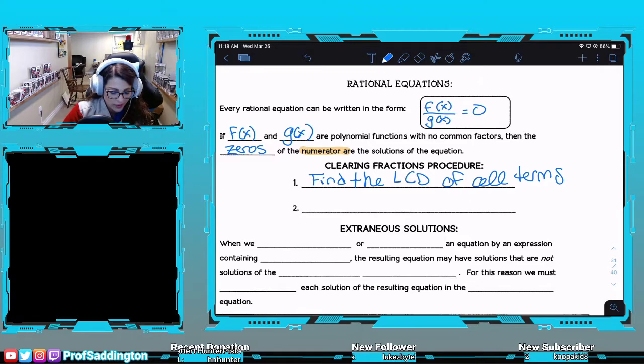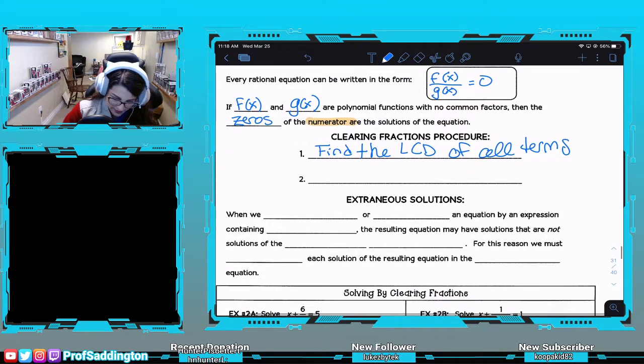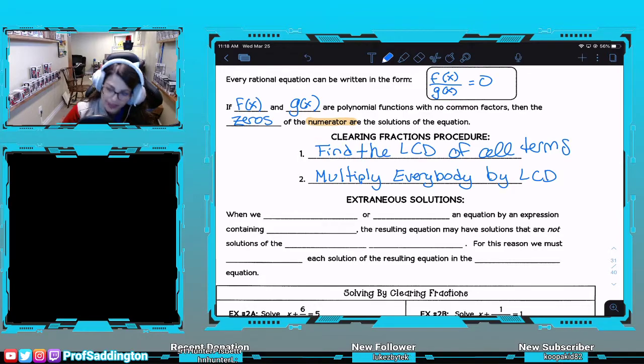You've been doing that for a pretty long time. And then we are going to multiply everybody by the LCD. So every single term gets multiplied by the LCD because we want to get rid of those denominators. Easier to solve an equation when I don't have fractions to worry about.